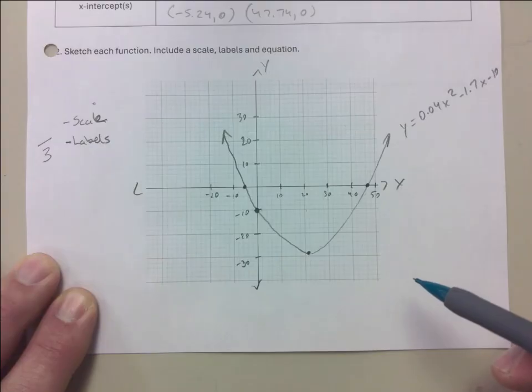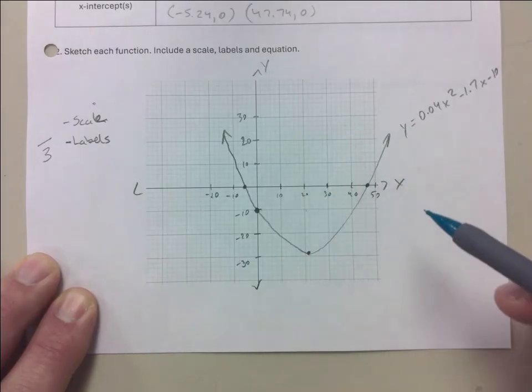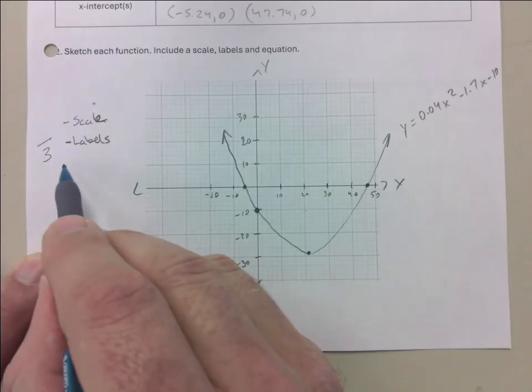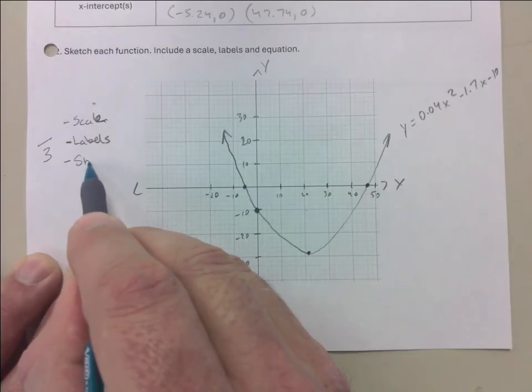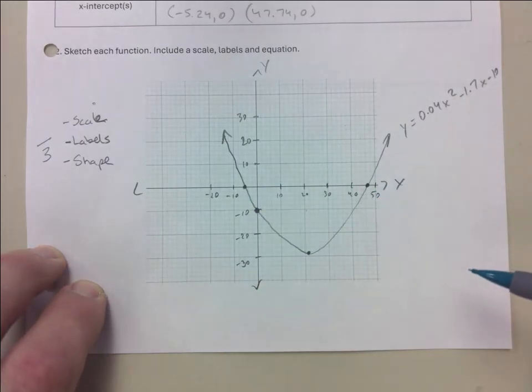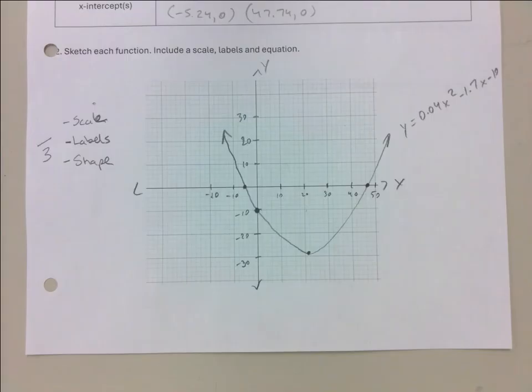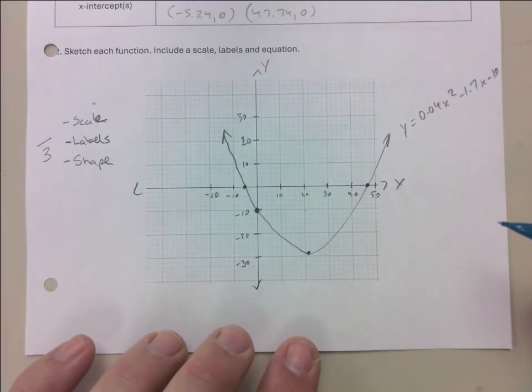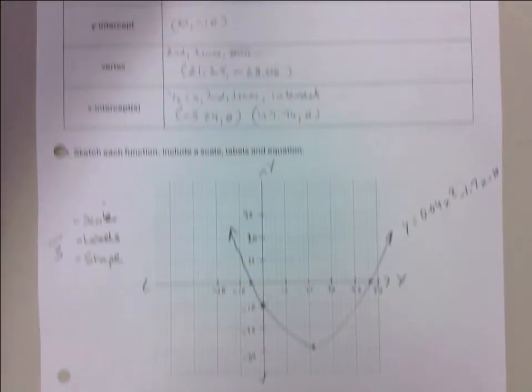I would even say you have to have arrowheads everywhere. Those are the things that I'm looking for. And last but not least is shape. And by that I mean the points have to be in the appropriate location. All right. So 3 marks there for the graph.